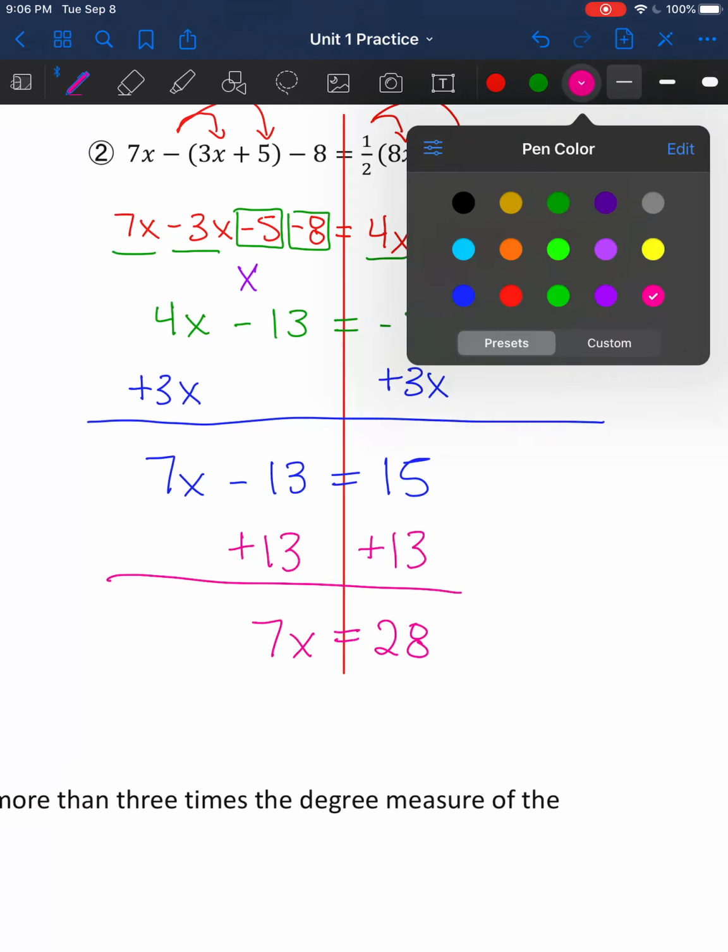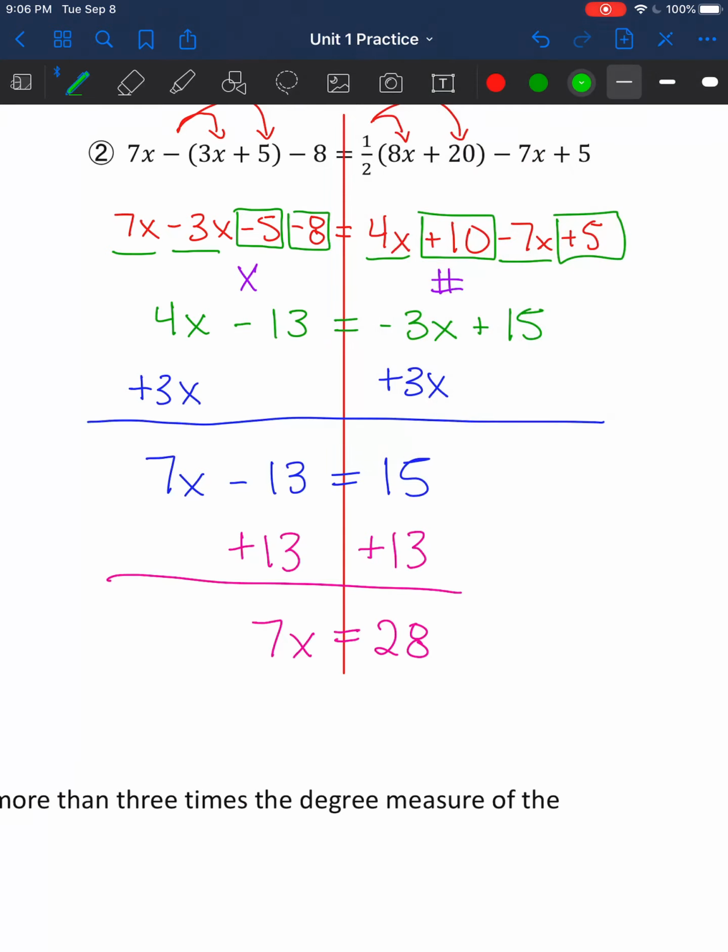For the final step, now that I have all of the variables on the left and all of the constants on the right, I'm going to divide by the coefficient of x, which is 7, and that leaves me with x is equal to 28 divided by 7, which is 4.